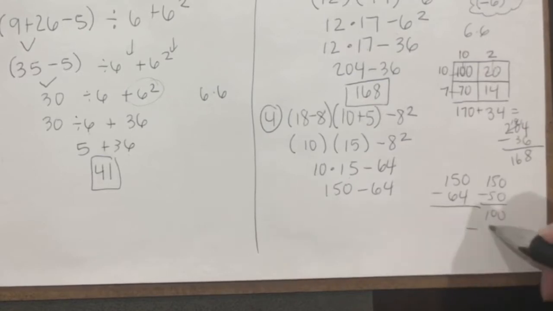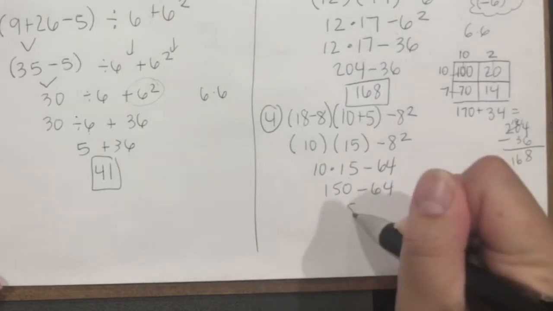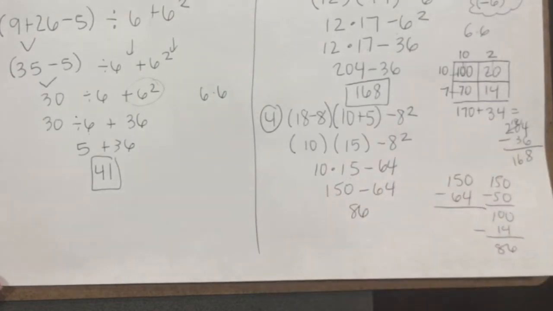And 100 minus another 14 is going to give me 86. I can do it in stages and do it faster without having to borrow. You can, of course, always still borrow from the one next to it like I did here.